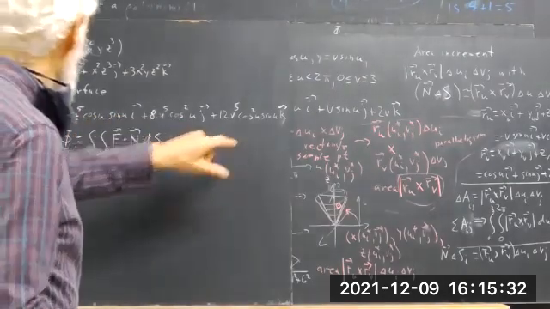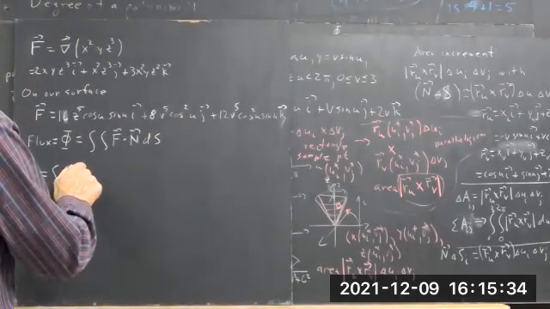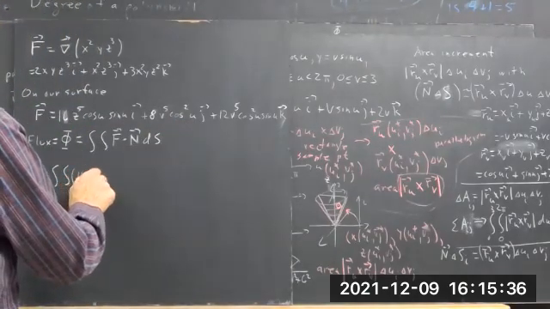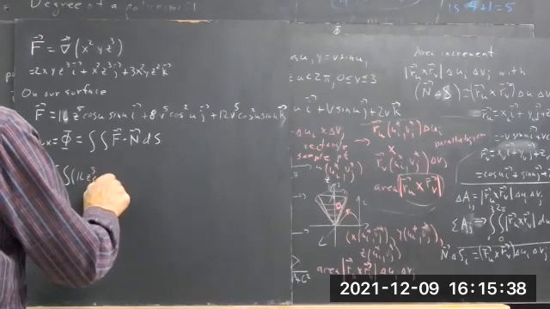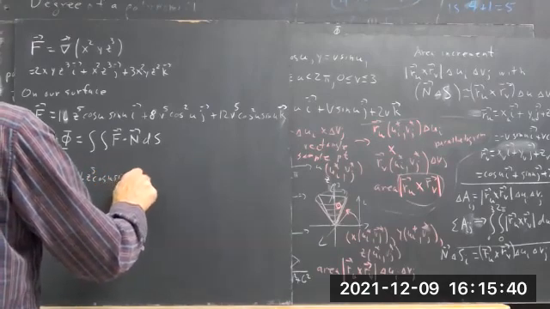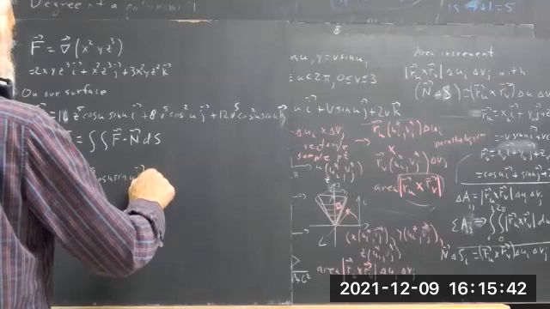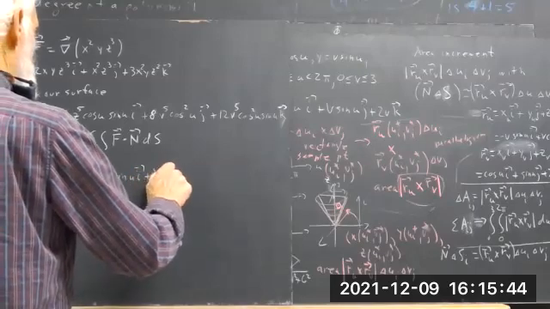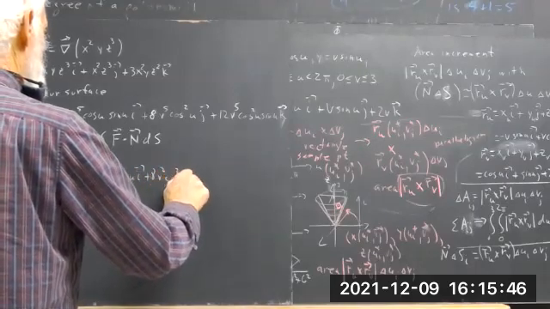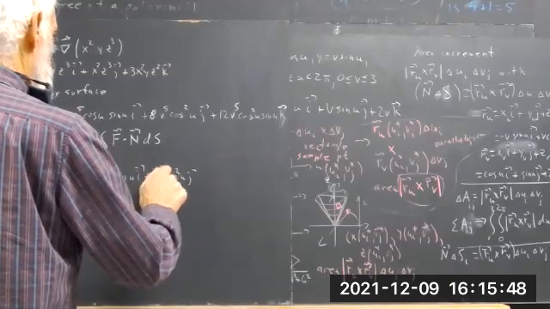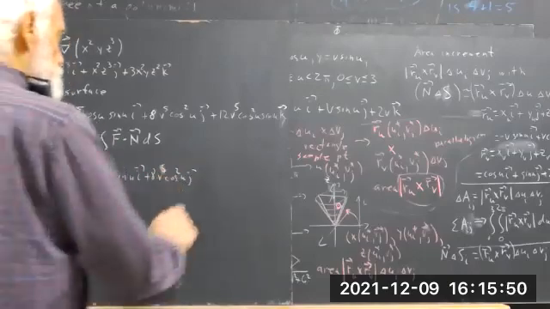F is this. v to the fifth, not v squared.